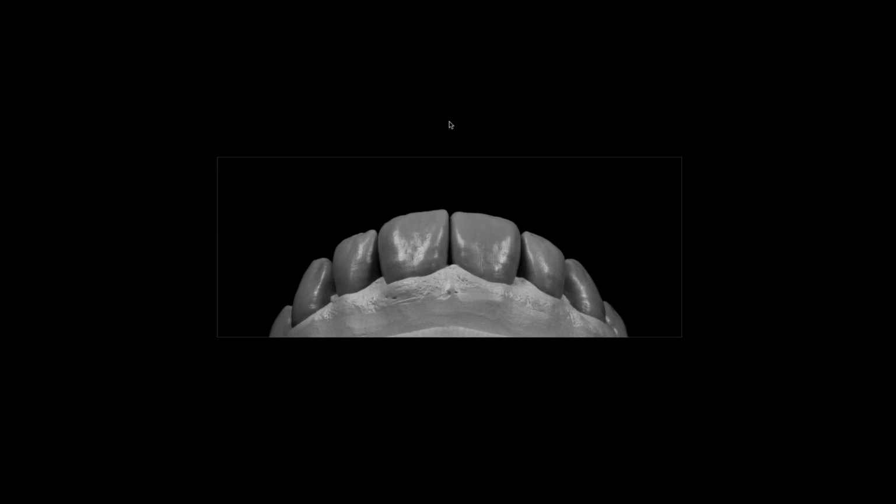Everything is different, so it's very difficult to do the laterals symmetrical. And the canines are not so difficult. For me, it's very important with the canine that you have function with the canine guidance, and that's it.